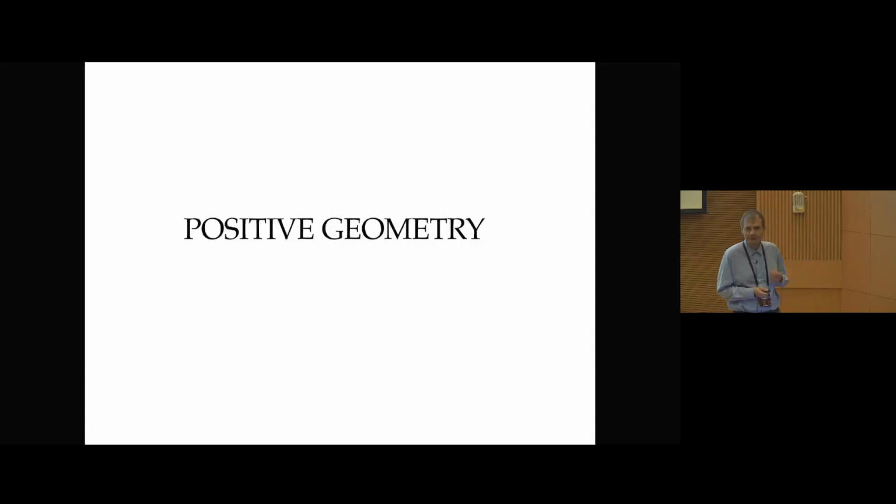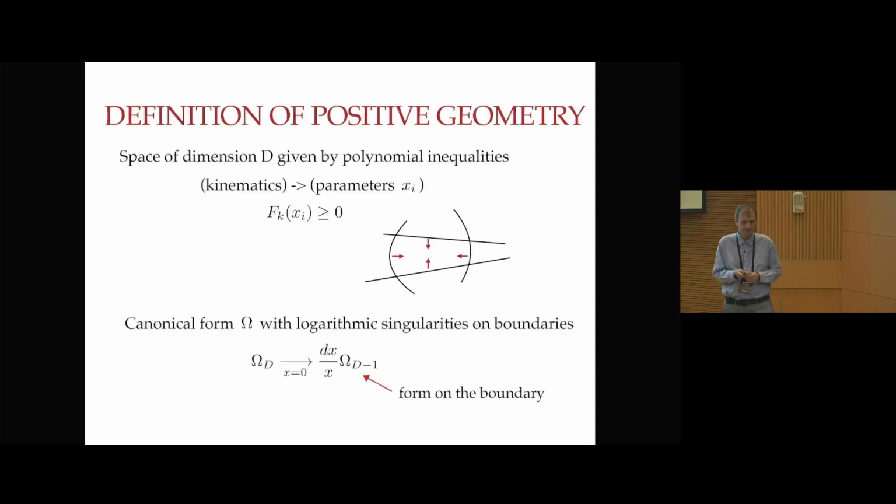So let me now start by talking about the positive geometry, what it is, and what are these prime examples, how to extract the amplitude from the positive geometry. There is a mathematical definition of what a positive geometry is, but for us, we can use a very pedestrian way to talk about it: it is some d-dimensional space which is given by polynomial inequalities.